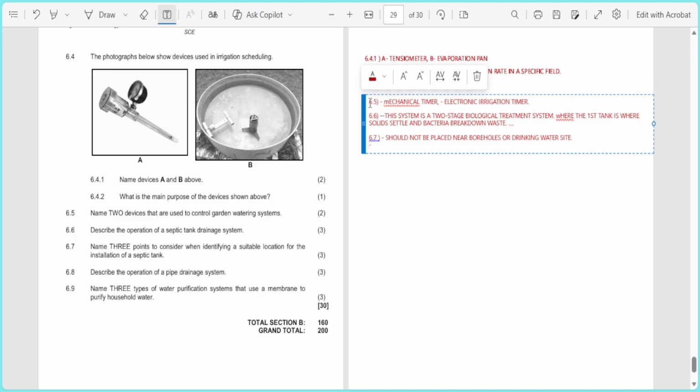Another thing to note, should be placed far away from a household. We can also say should be placed far away from pastures as well.